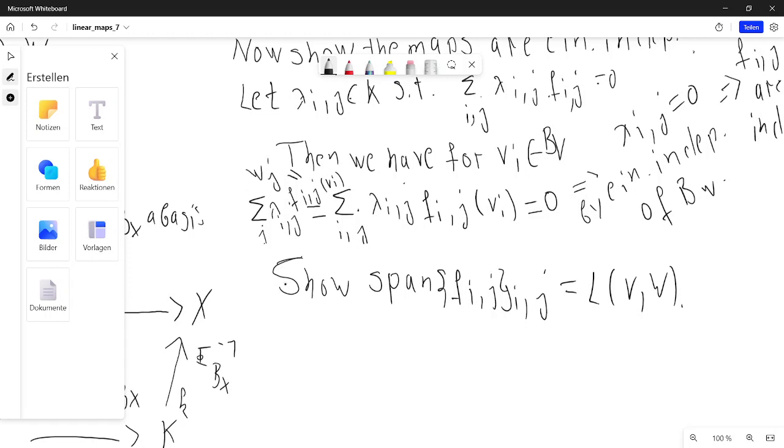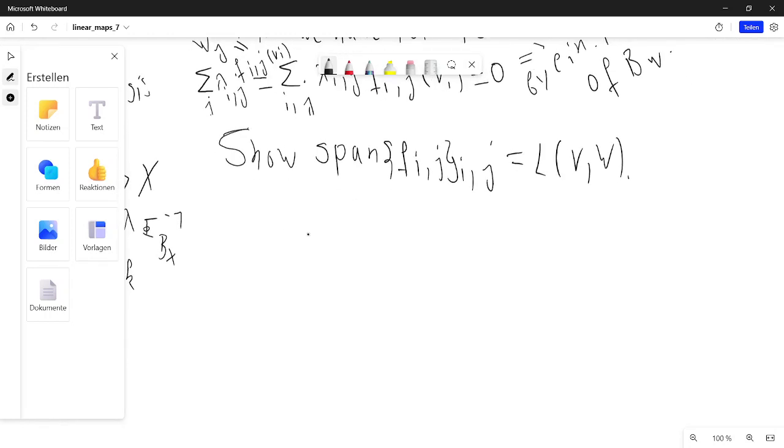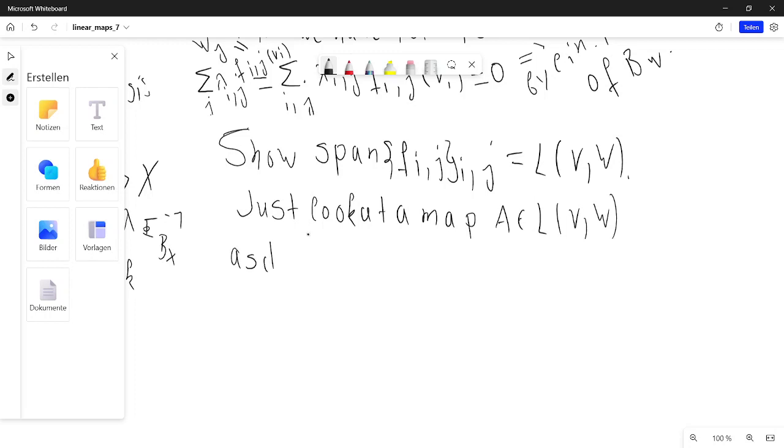We know the linear map is already determined by its images, so I just look at a map A, an element of L(V,W), as determined by the images of the vectors in here, of course, that's what I mean.